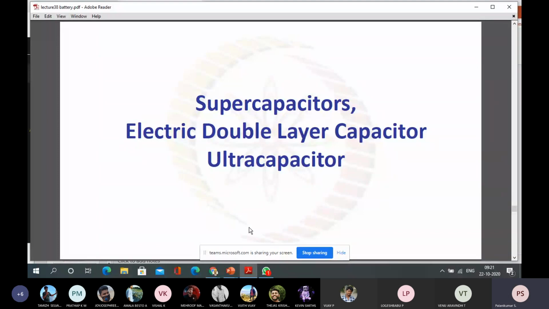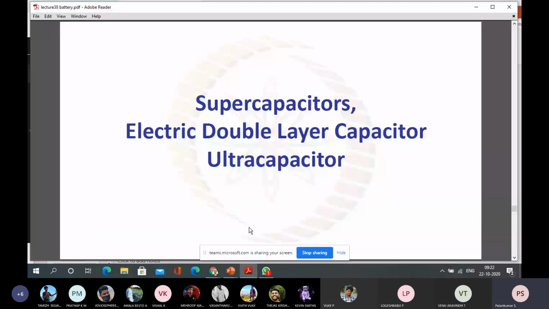As far as discharge is concerned, very fast discharging is possible. I can completely take the energy from the capacitor within a few seconds or a few minutes. That's why we prefer ultracapacitors as a supplement, that is, an additional energy storage system.